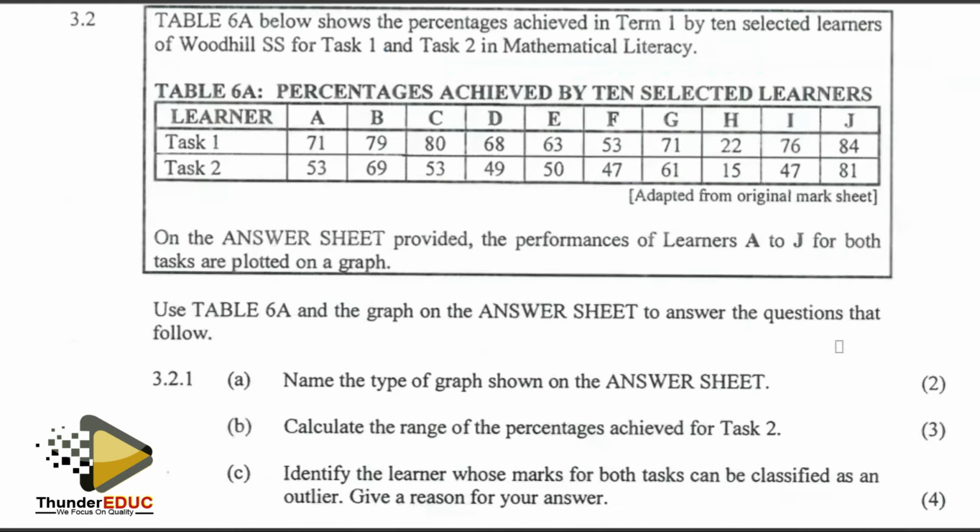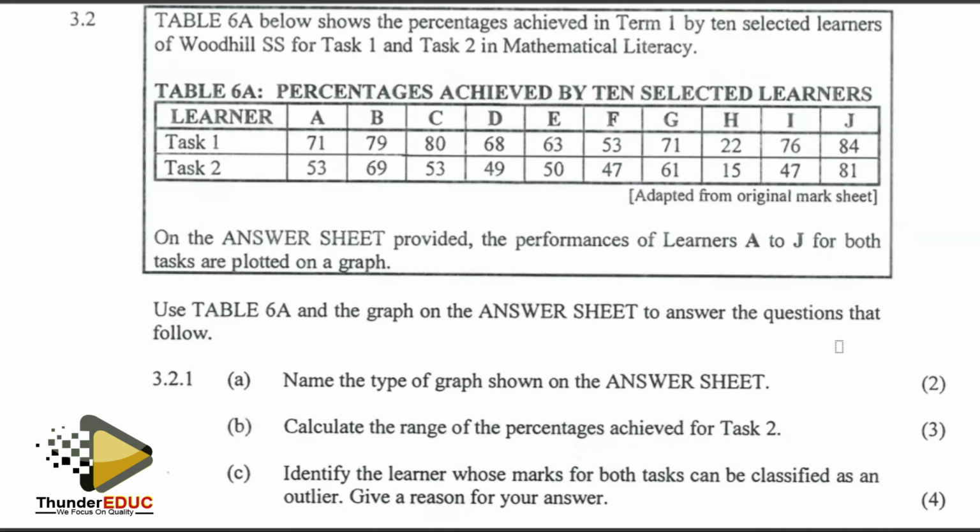What's number 3.2? You are looking at this and it says, the table below shows the percentages achieved in term 1 by 10 selected learners of Woodhill Secondary School for task 1 and task 2 in mathematical literacy. The values are in percentage.